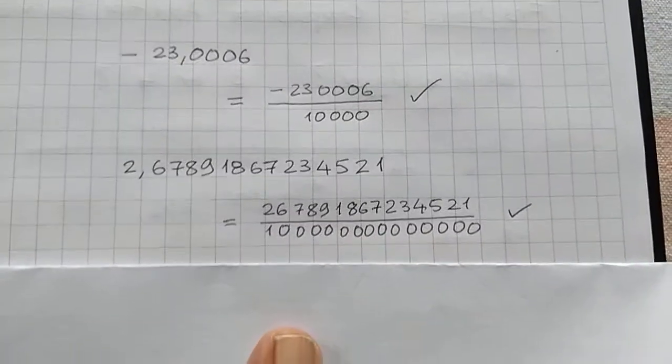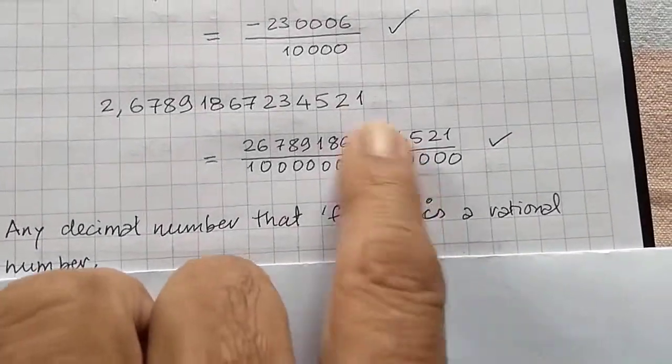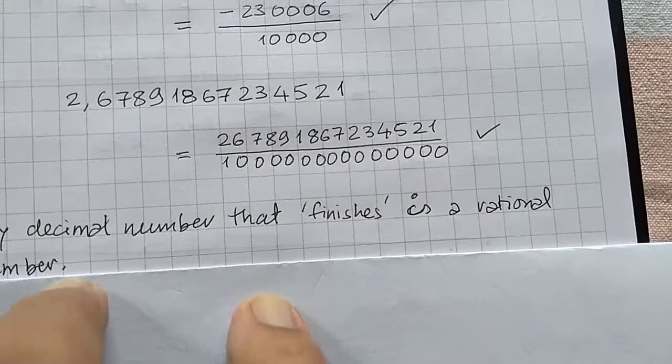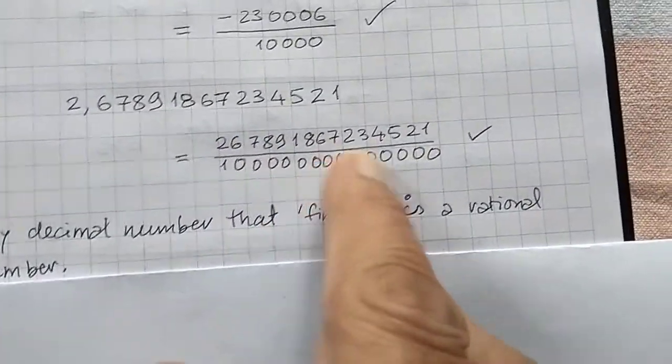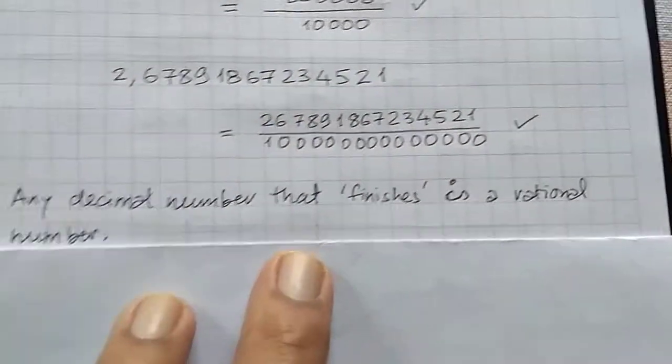So what does it tell you? It tells you that any decimal number that finishes, that comes to a stop, that doesn't continue infinitely, is a rational number, because you can always divide it by 1 followed by the correct number of zeros to get the original number.